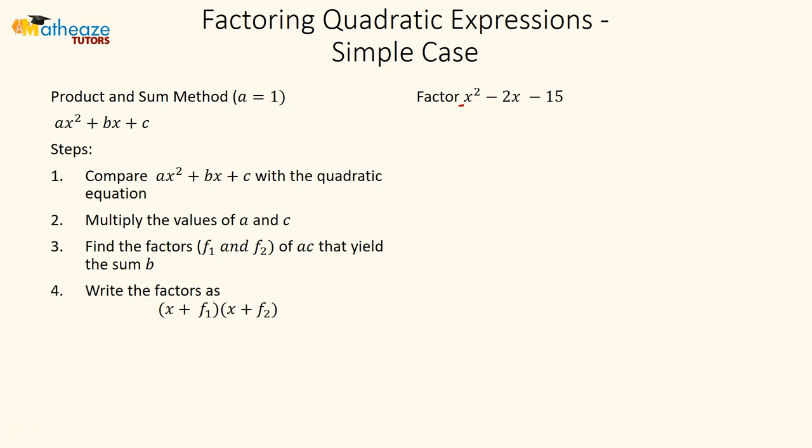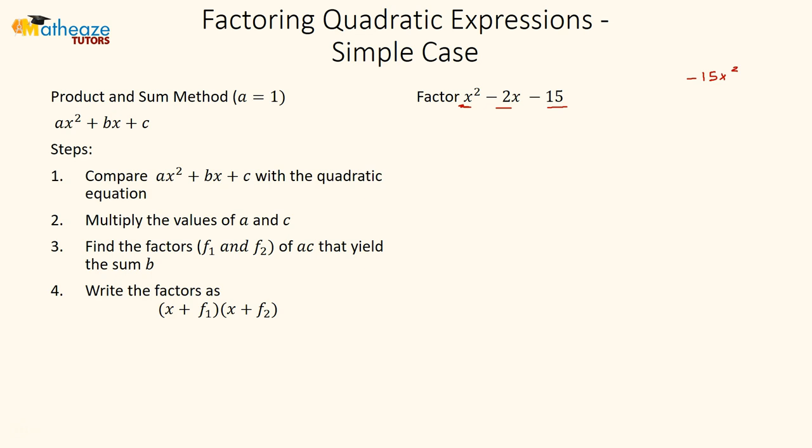We're going to look at the quadratic term and the constant. So in this case we have negative 15x squared. Now we're going to look for the factors of negative 15x squared that add up to negative 2x.